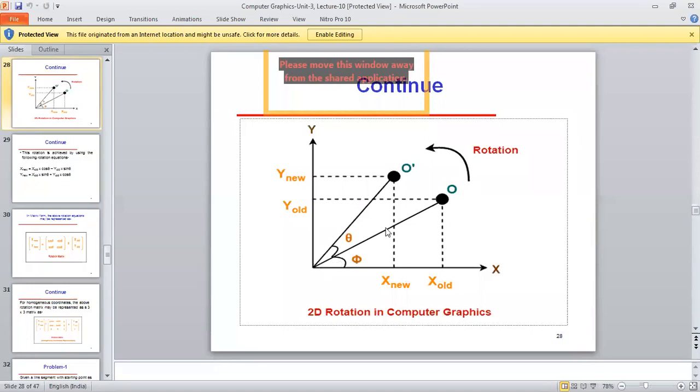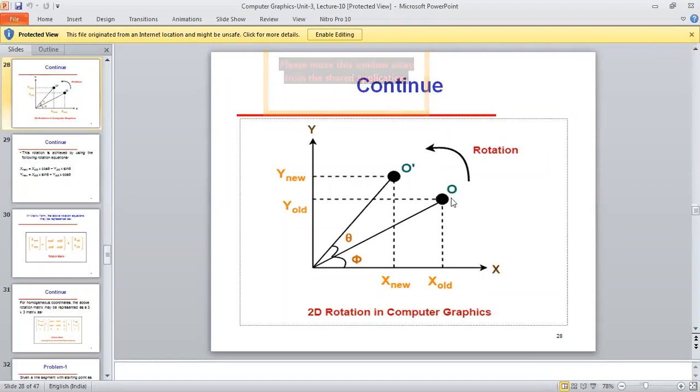Suppose we have this object. This is called the initial position of the object. O is the original object. Suppose with this base it is making angle phi, but it is not given.